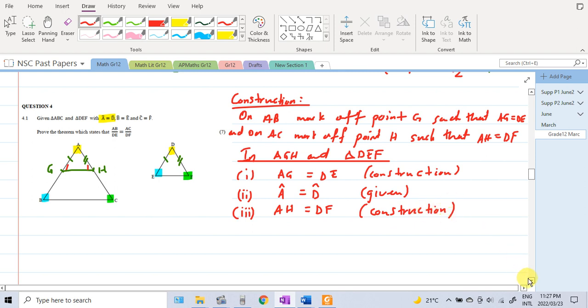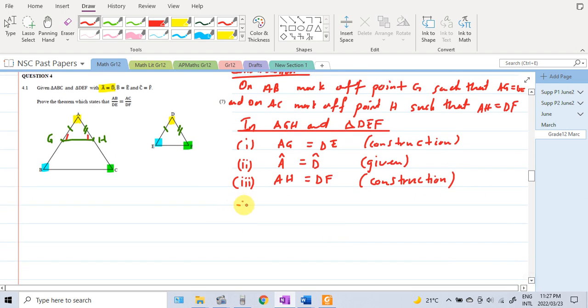Therefore triangle AGH is now congruent to triangle DEF, which is side, angle, side. We can clearly see side, angle, side, right? Now what we can say is that therefore angle G1 is now equal to angle E, because of congruent triangles.